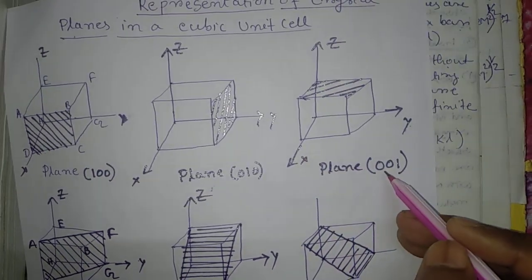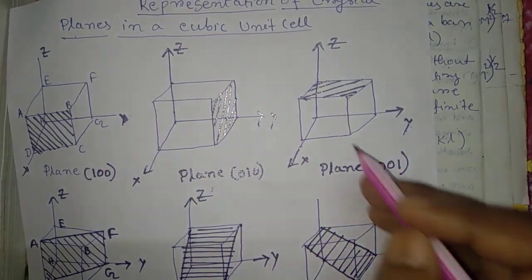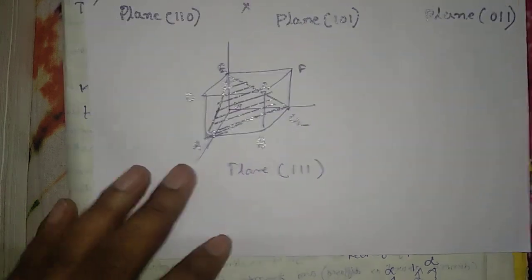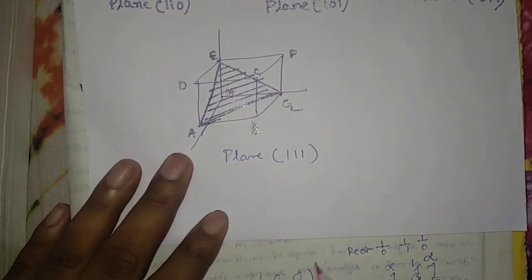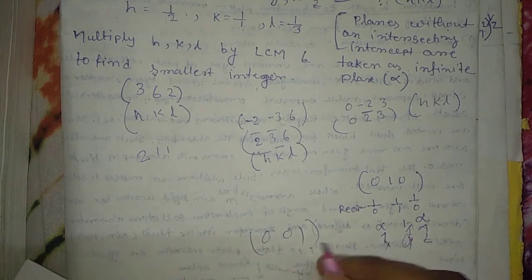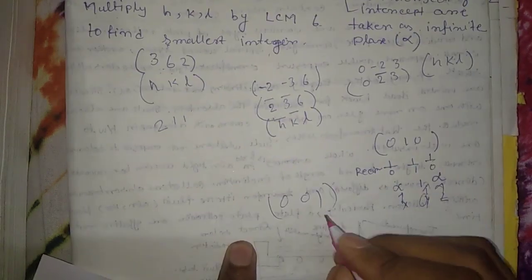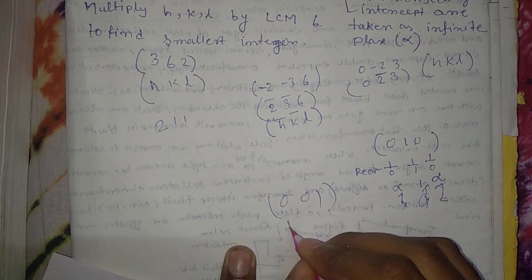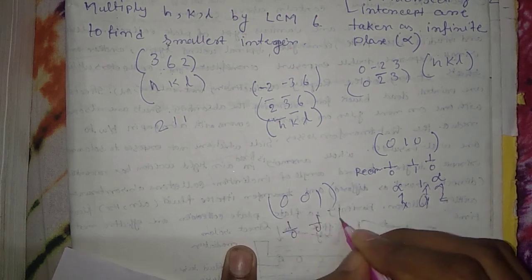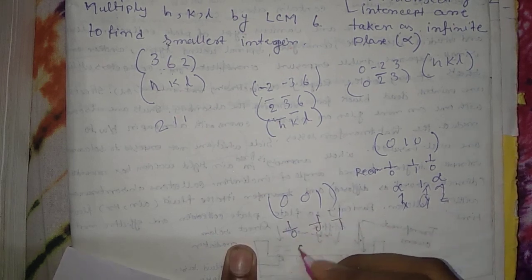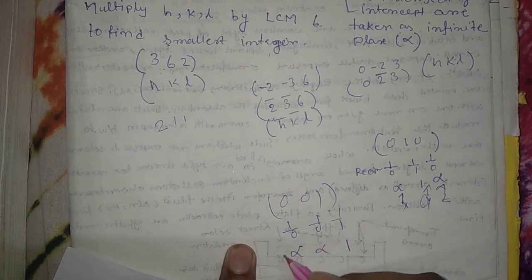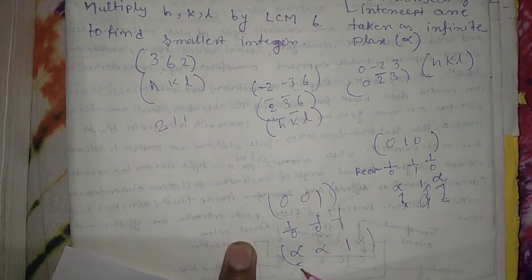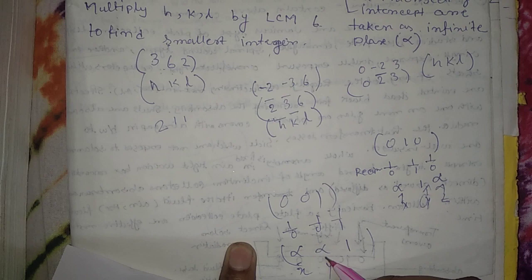Similarly, if you calculate 0 0 1, it will be this one. For 0 0 1, the intercepts are the reciprocals: 1 by 0, 1 by 0, 1 by 1, so infinity, infinity, 1. The x direction is infinity, the y direction is infinity, and the z intercept is 1.